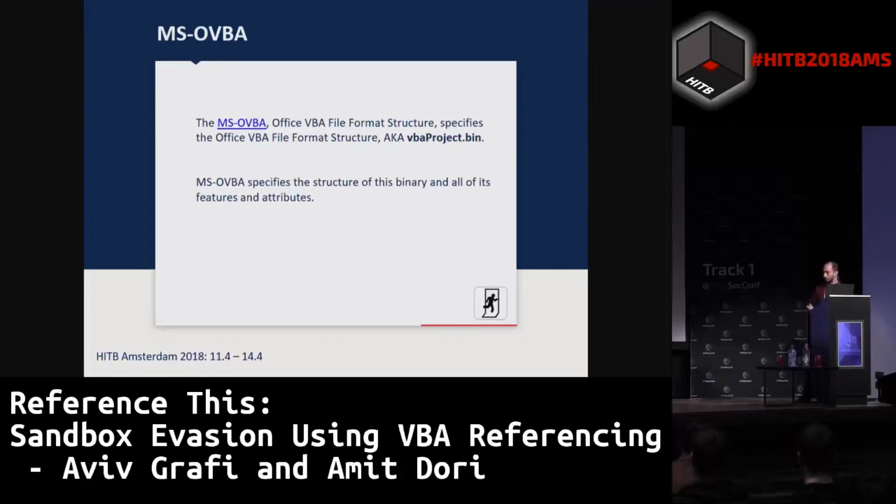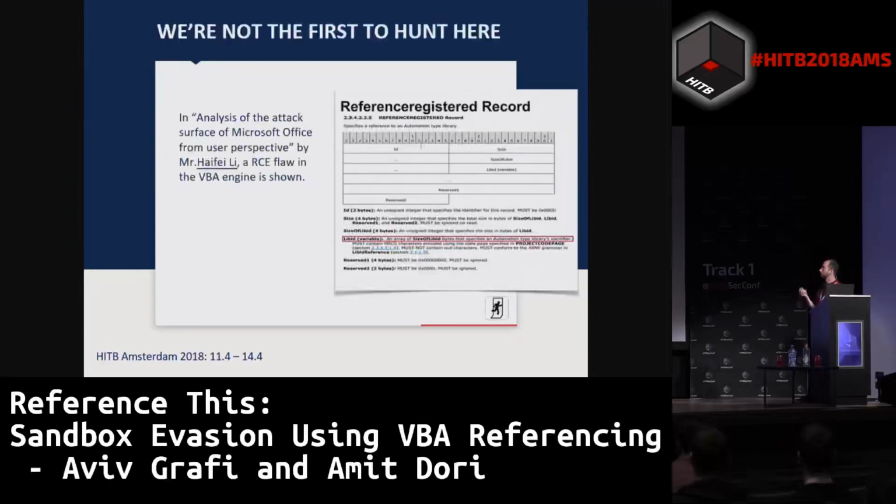So we went digging in this document, and we actually weren't the first ones to dig in the MS-OVBA documentation. A few years ago, Mr. Haifei Li, in his presentation, the analysis of attack surface of Microsoft Office from a user perspective, showed that there is a feature of the VBA file that enables you to load a remote automation type library and actually fetch it, load it, and execute it.